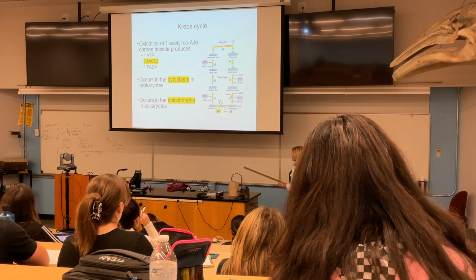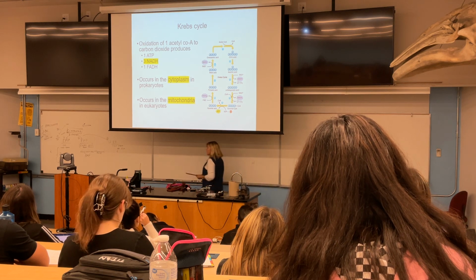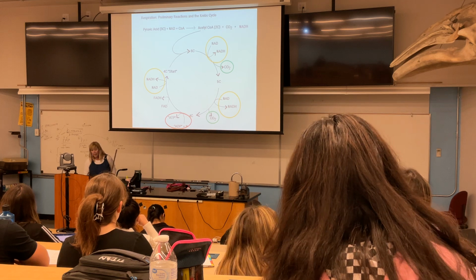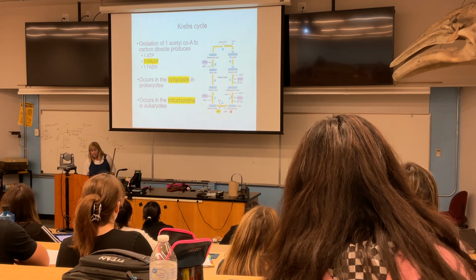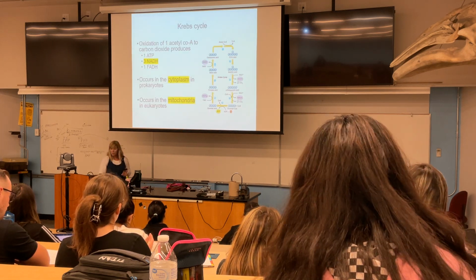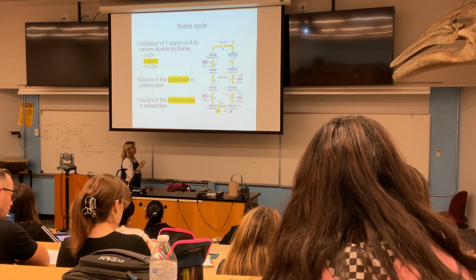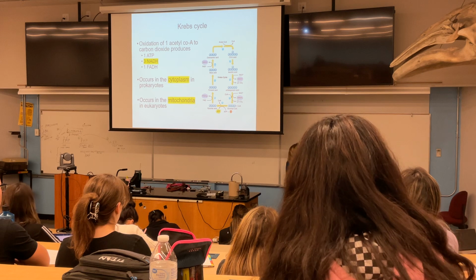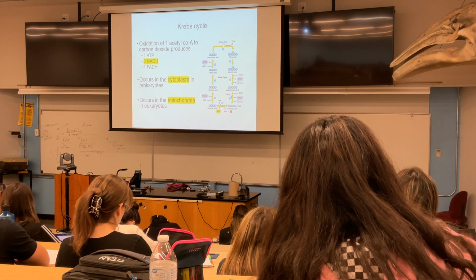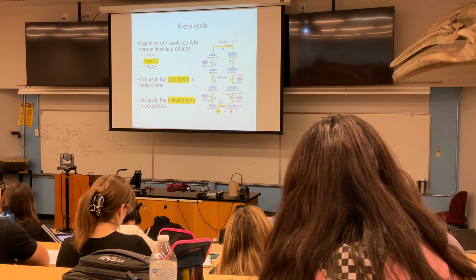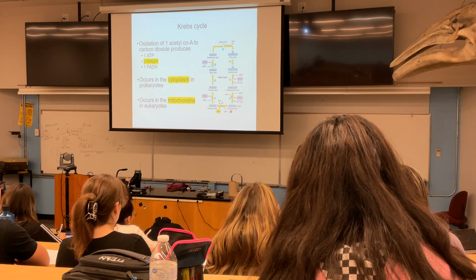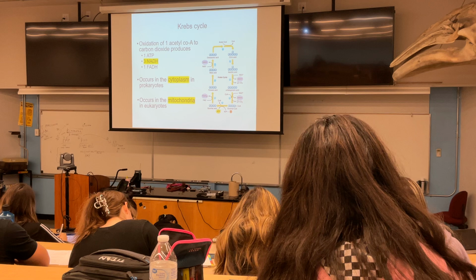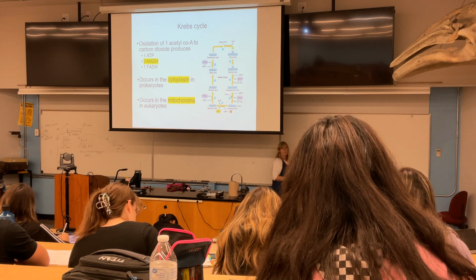So when we're done with this process in total, at the end of the Krebs cycle, we're going to have 2 ATP, 6 NADH, and how many FADHs? 2. Okay, so that is our end step.